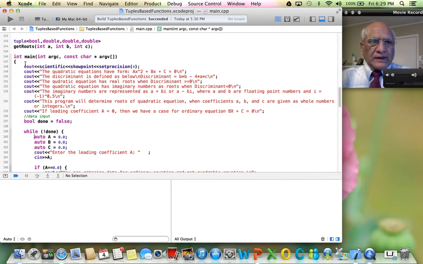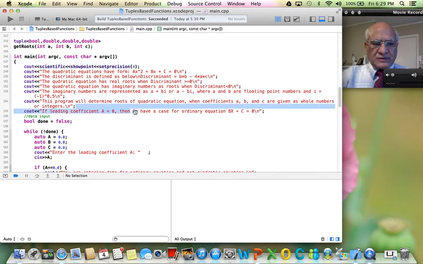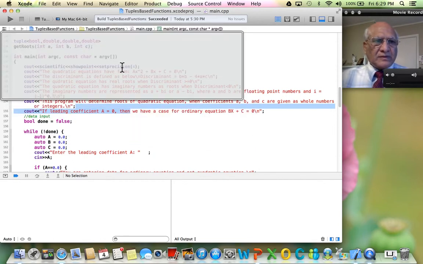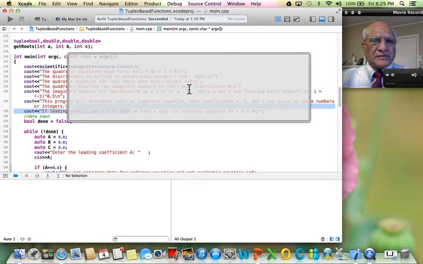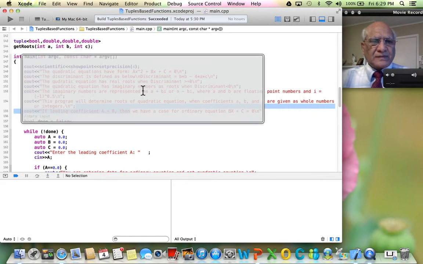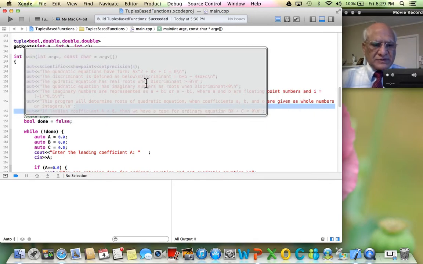Okay, and I've set the set precision, scientific, and show point. I put the output to be scientific rather than fixed, and set precision to 4, and I suppose I can show it magnified right there. And there's some basic information here that is printed when the program is done.